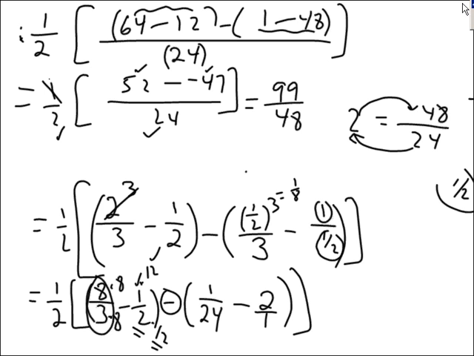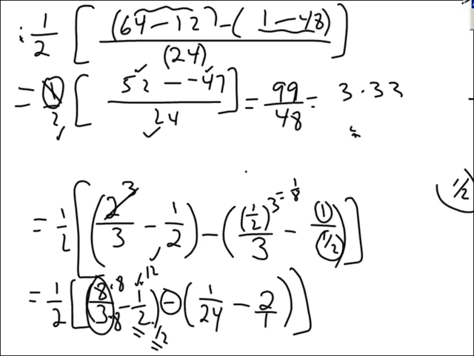Okay, and if you want to multiply the 99 by 1, go for it. It'll still be 99. The last thing is, both of these numbers are on the 3 times table. 99, for example, is 3 times 33. And 48 is 3 times 16. The 3's cancel, and there's your answer. 33 over 16 units. That's the length. If it was in feet, it's in feet. If it's in centimeters, that's what it is. 33 over 16 centimeters.